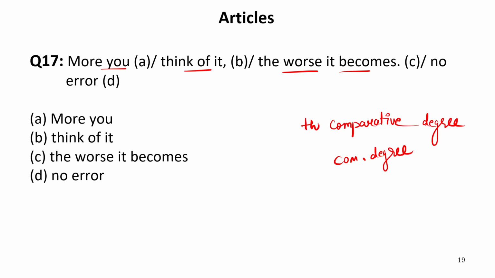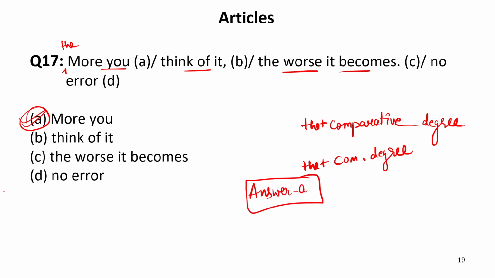We use the before both of these. For example, the more you think, the worse it becomes. The higher you go, the cooler it becomes. So here before this comparative degree, we need to use the. Therefore, our answer is A, because this word is missing from part A.